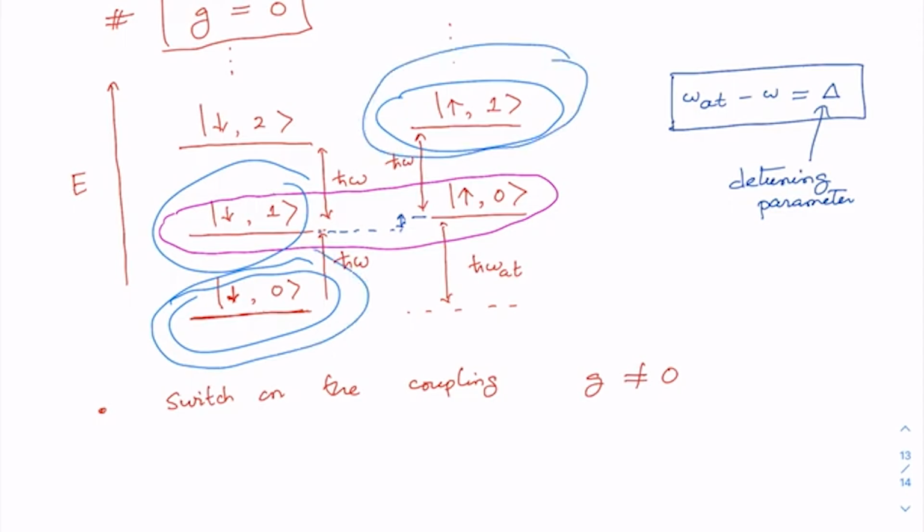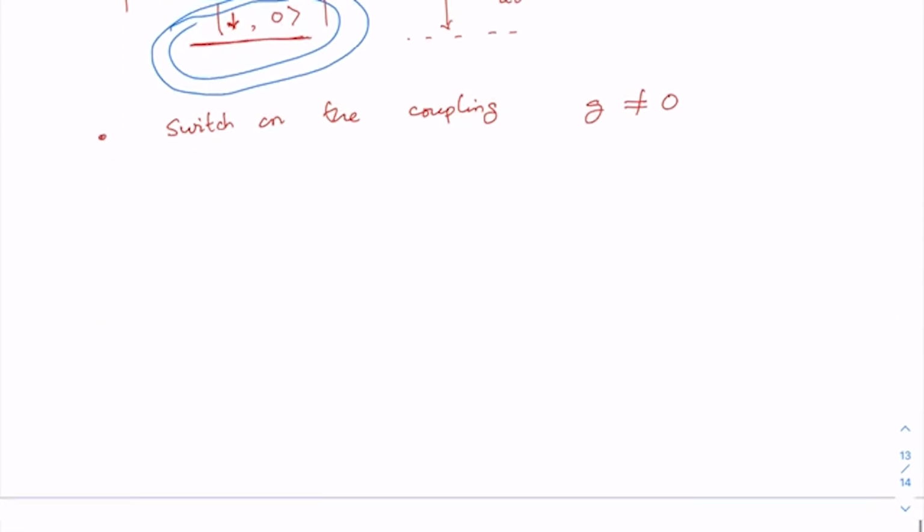So we can just neglect interaction between these energy levels, and in that case we are neglecting all the off resonant transitions, and this is the so-called rotating wave approximation. So we are going to neglect all off resonant interactions, as will be clear.